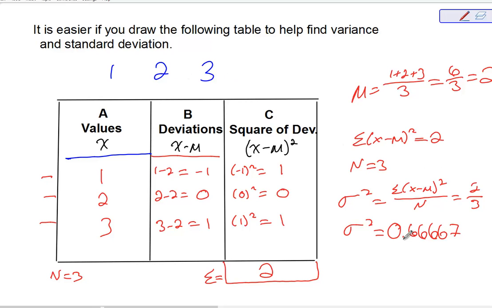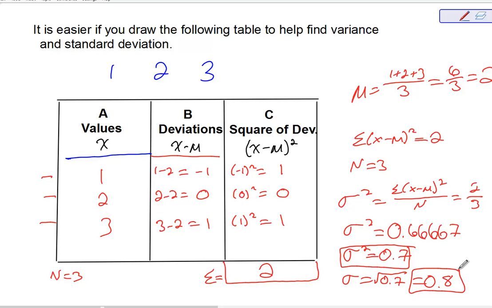So this is going to be rounded to 0.7. So my variance is 0.7. Then to get my standard deviation, I'm just going to take the square root of that. So the square root of 0.7 is going to be 0.8.